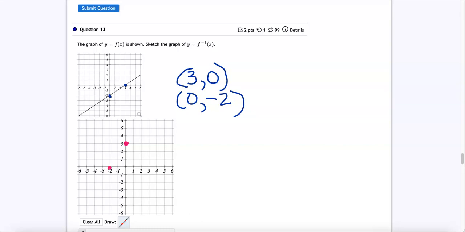And now connect these. This is an entire line, so when you graph this on My Open Math, it will continue on graphing it so that you'll end up with a whole straight line. My Open Math will graph it as a straight line once you just give it 2 points.